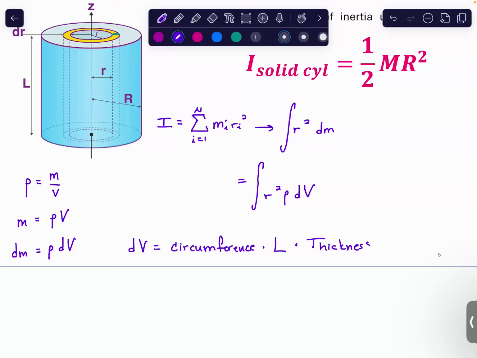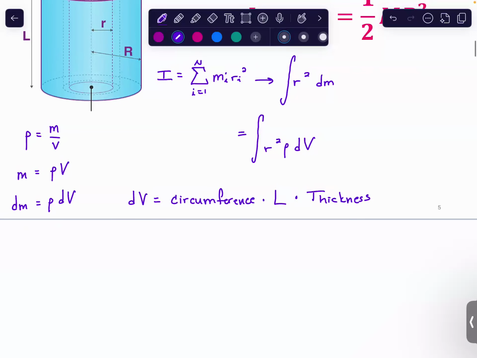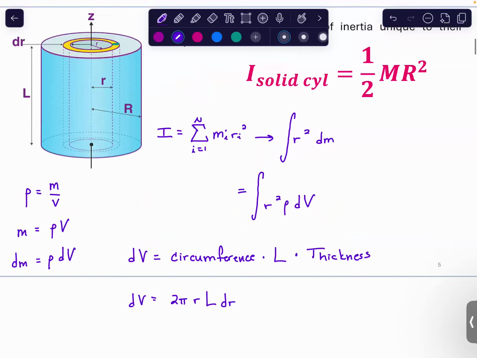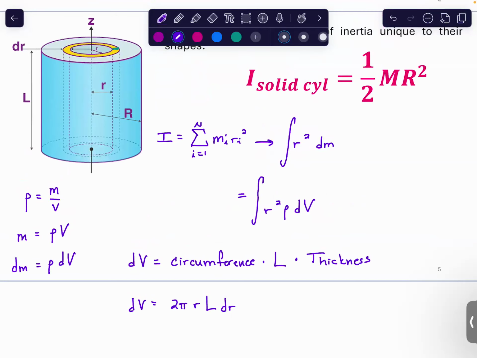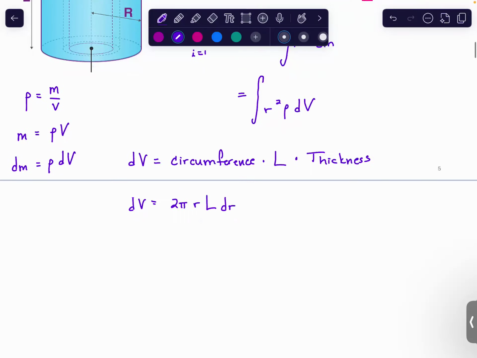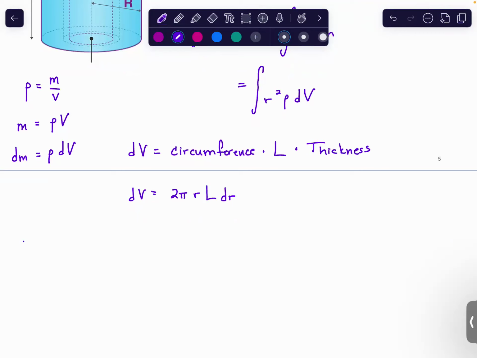That gives us the individual little volume elements. So each dV: the circumference is 2 pi r, the length is L, and the thickness is dr. You can see that mocked up on the cylinder up here. Now we're going to stick this into our integral.